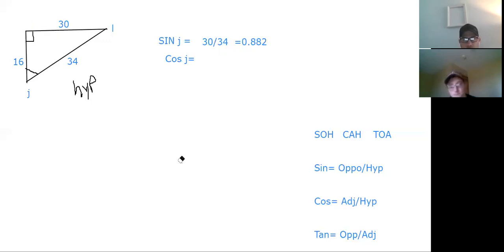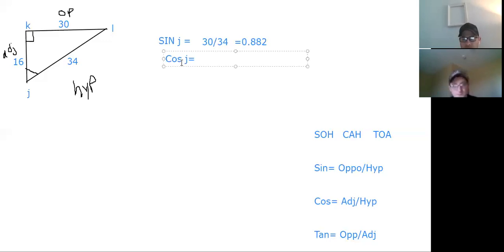We're still using J. So the cosine is what now? Adjacent over hypotenuse. So if I'm doing J, it should be 16 over 34. This is still opposite, and this is still adjacent. So what'd you say? 16 over 34.